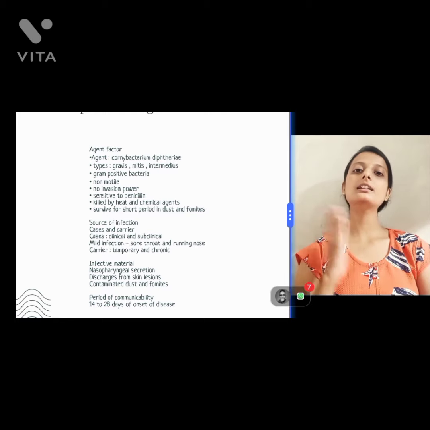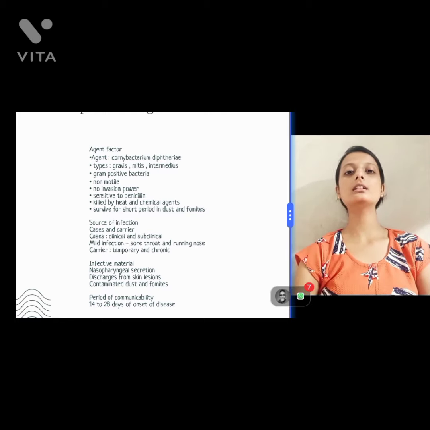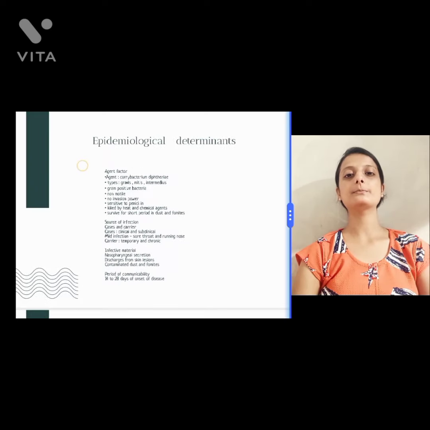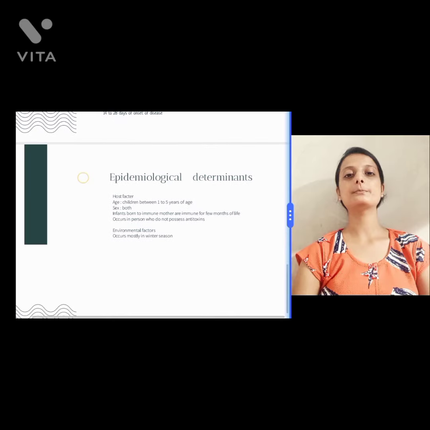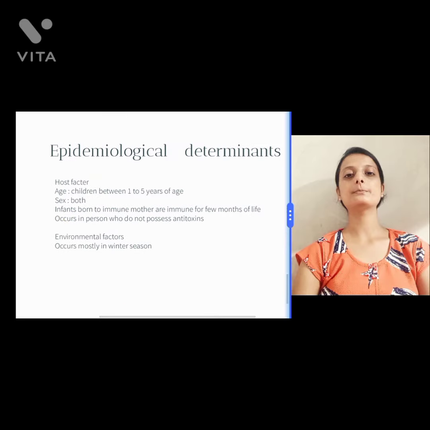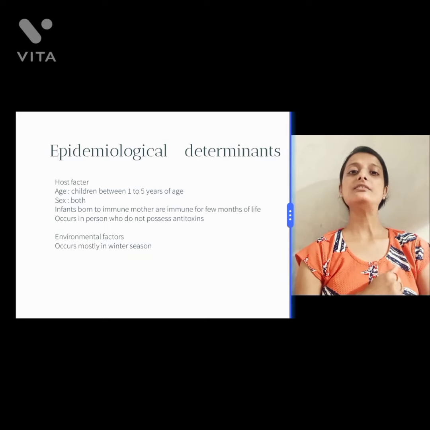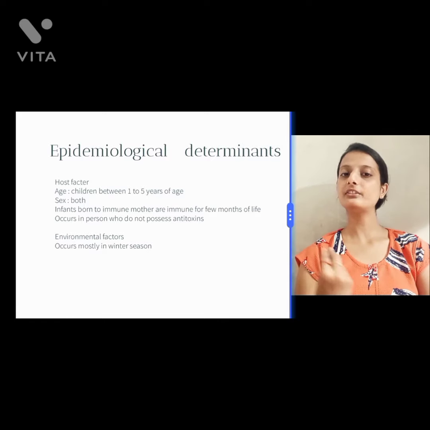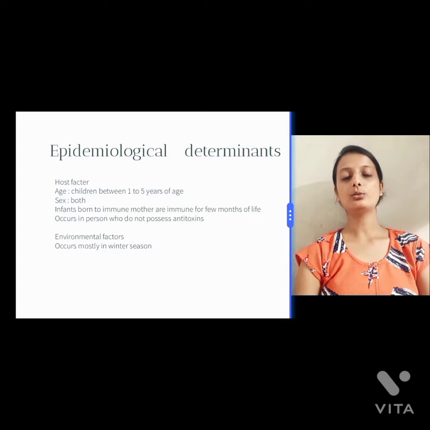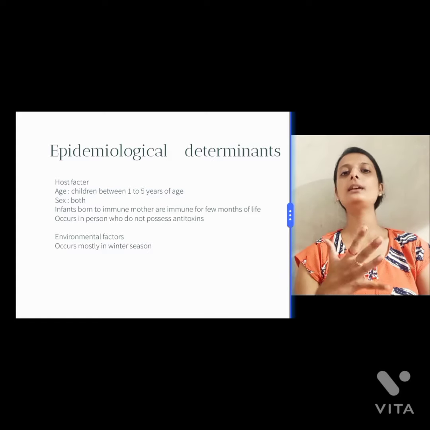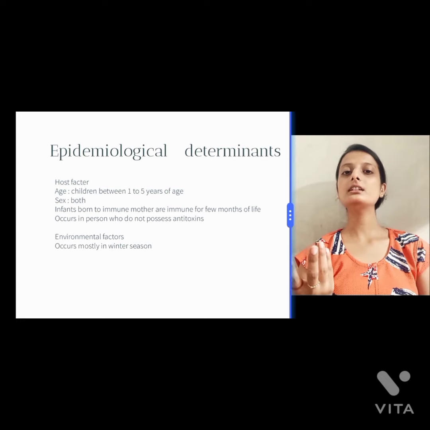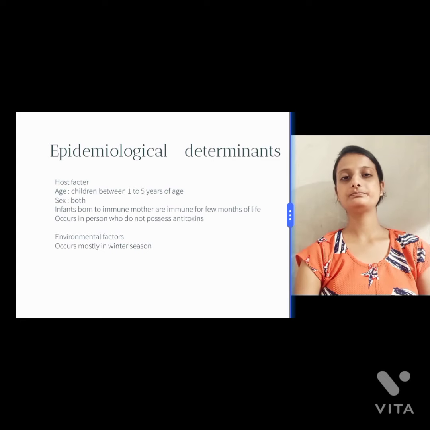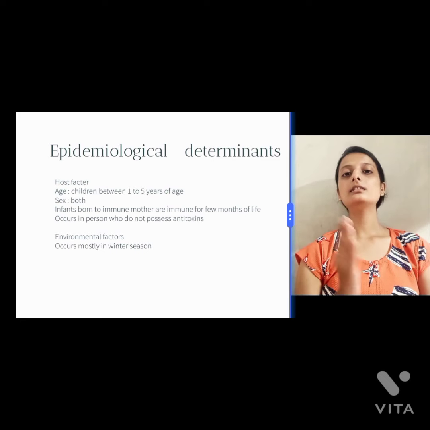Now this was the whole agent factor. Now we'll see the host factor. The host factor: it basically infects children of 1 to 5 years of age, and both sexes, male and female, are equally infected.